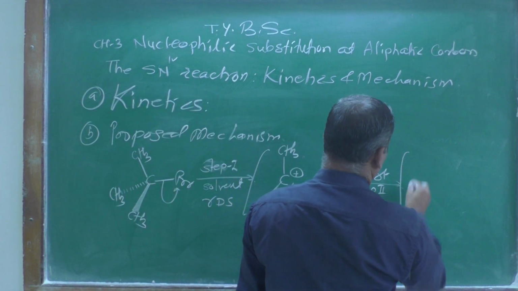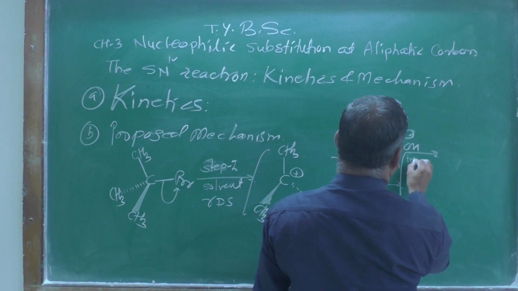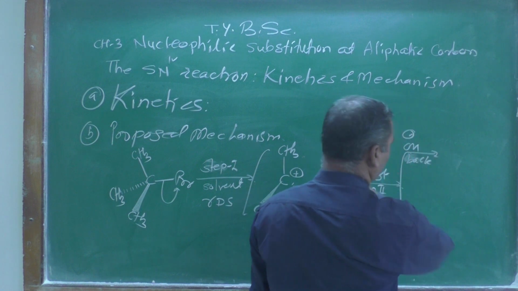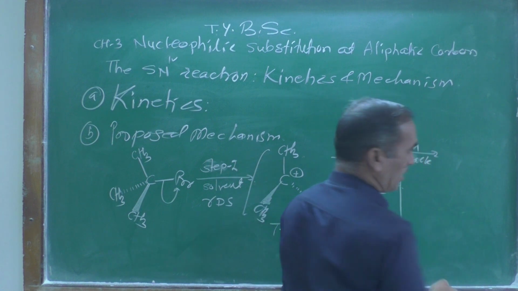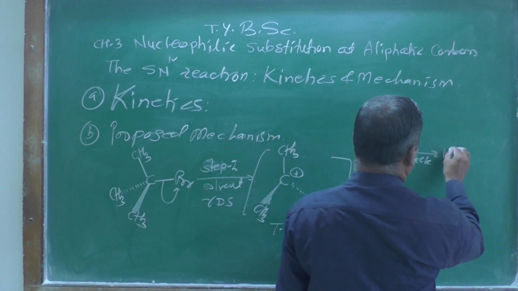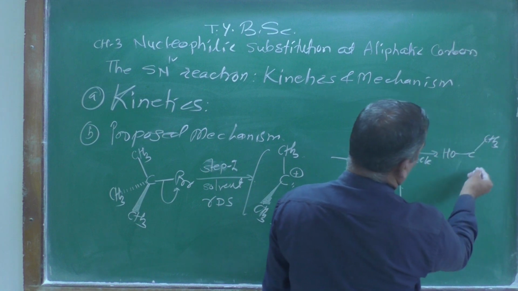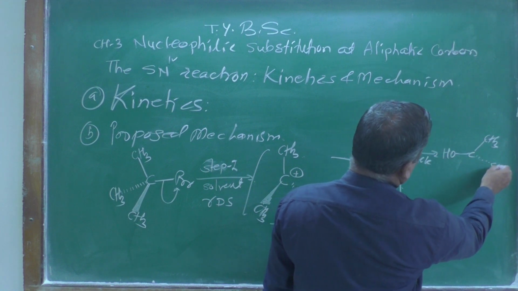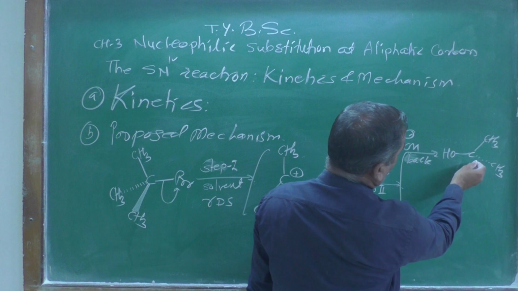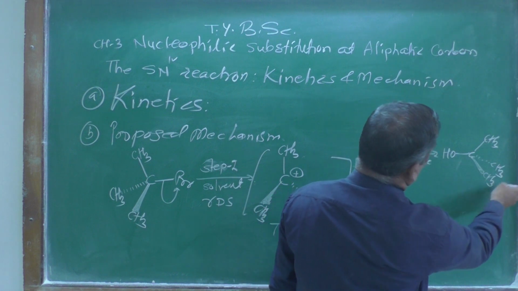Suppose it is attacking, this OH minus, from the front side, not from the back side. What you are going to get, similar to an SN2 reaction, you are going to get here HO, then C, this methyl group they are as it is, then one of the methyl groups I am showing like this, and one of the methyl groups which is shown like this.